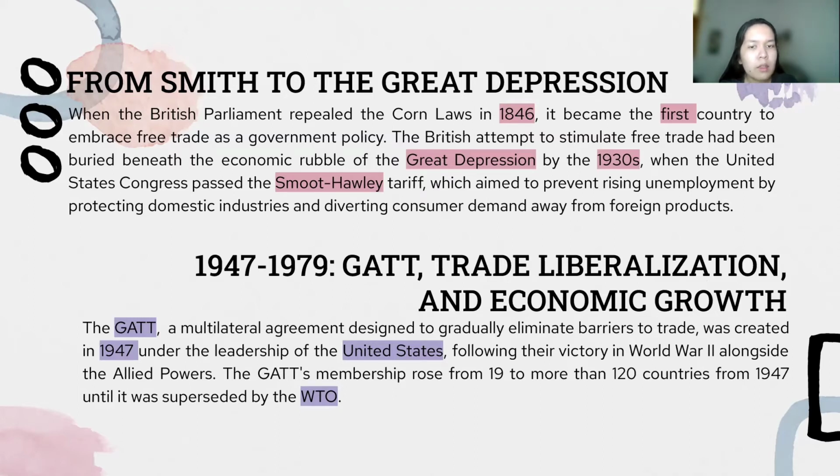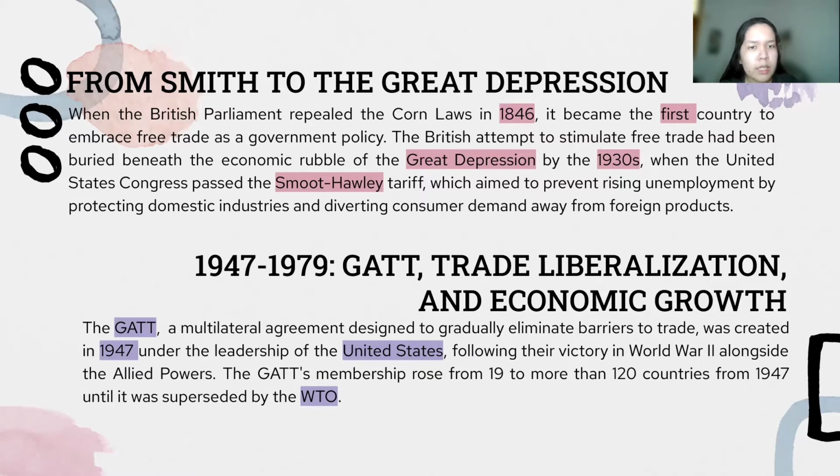Things got worse in 1929 with the US stock market collapse and the subsequent run on the US banking system. Economic problems were compounded in 1930 when the United States Congress passed the Smoot-Hawley Tariff, which aimed to prevent rising unemployment by protecting domestic industries and diverting consumer demand away from foreign products.